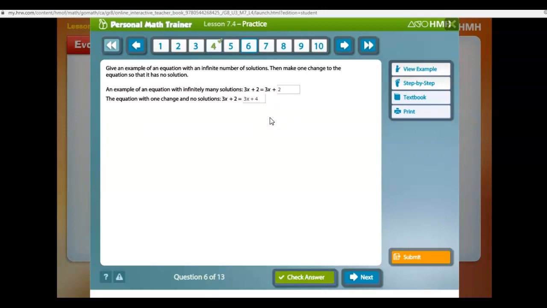Wow. An example of an equation with infinitely many solutions so that it has no solution. Let me see if I keep the 2 and then I put minus, would that work?